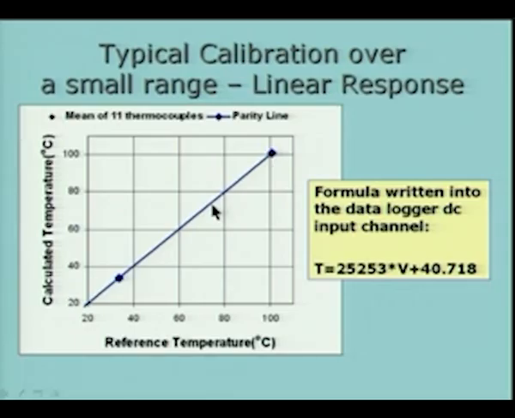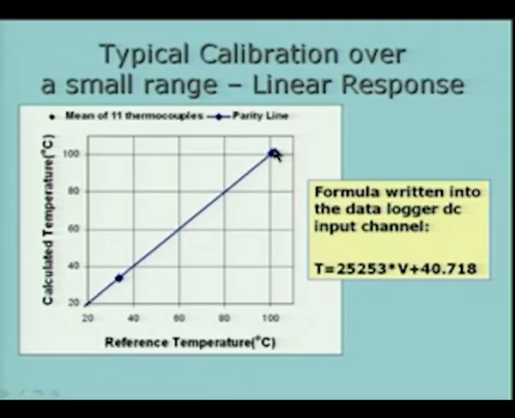For actual calibration, if the low value happens to be room temperature and the high value happens to be, let us say, 100 degrees or a little more than that, it is advisable to have several temperatures in between. For example, if you consider this as the full scale and this as the 0 or the reference value, I should have 3 or 4 between these two limits, not coinciding with the end values.